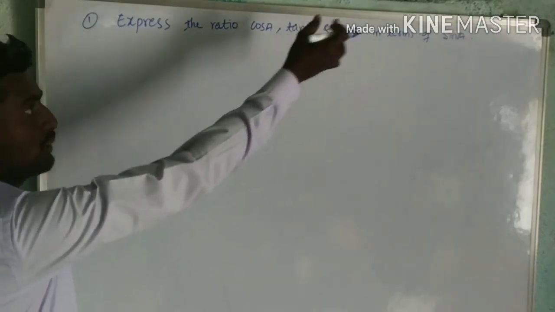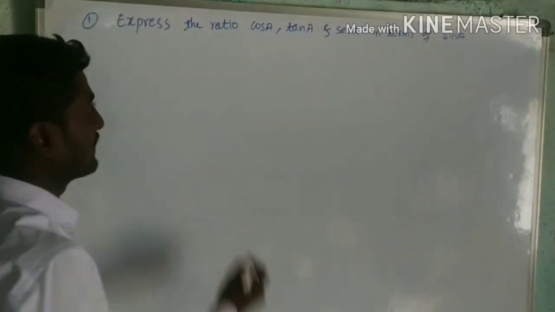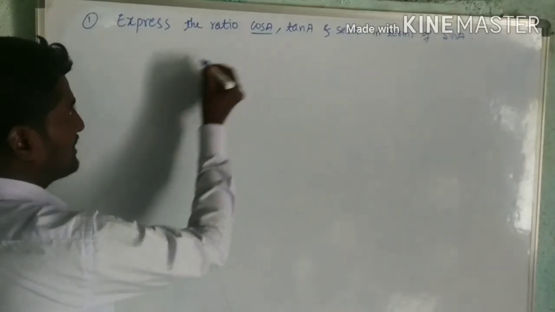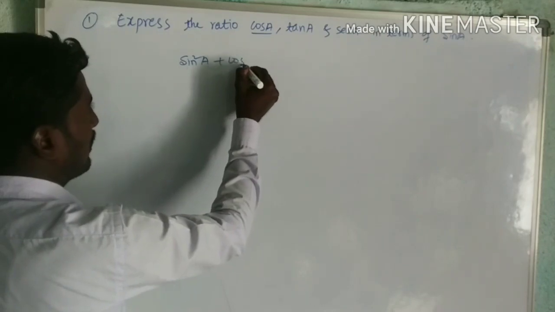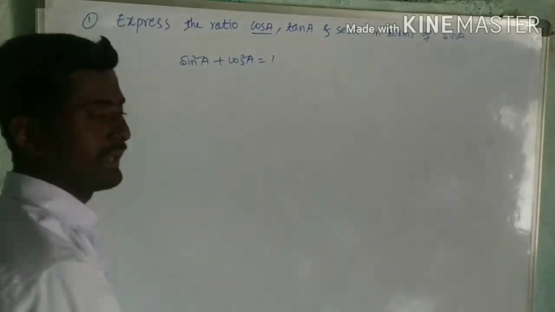Now cos A I have to write in terms of sin. So for that I use the identity sin square A plus cos square A is equal to 1.